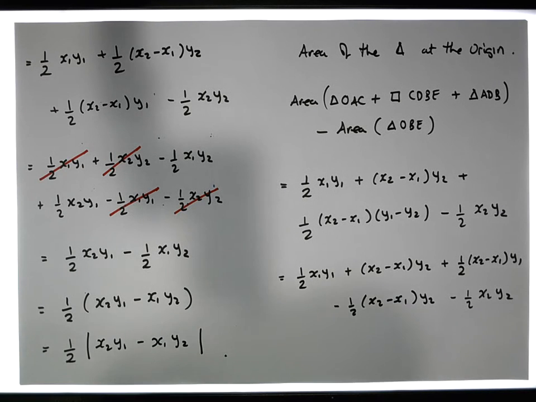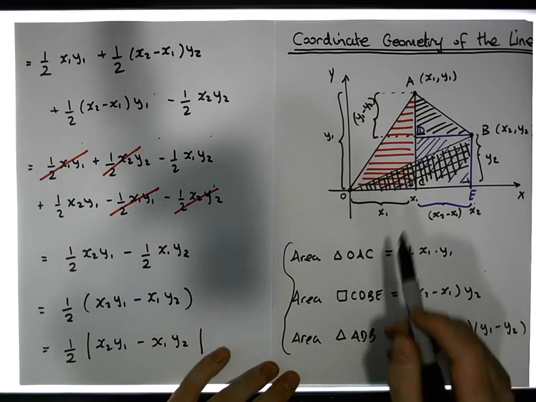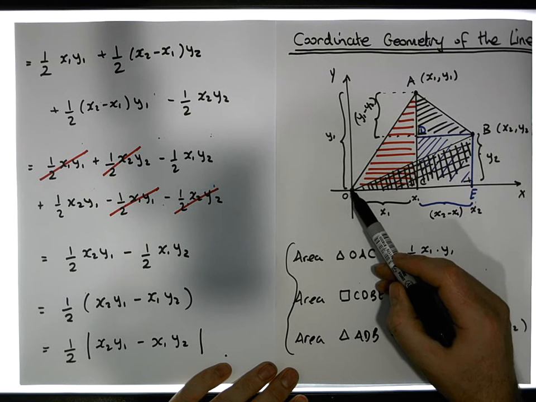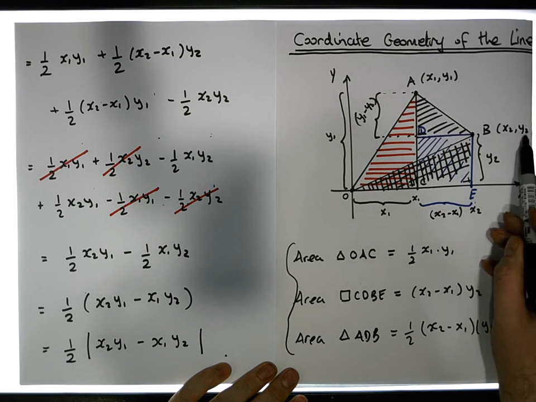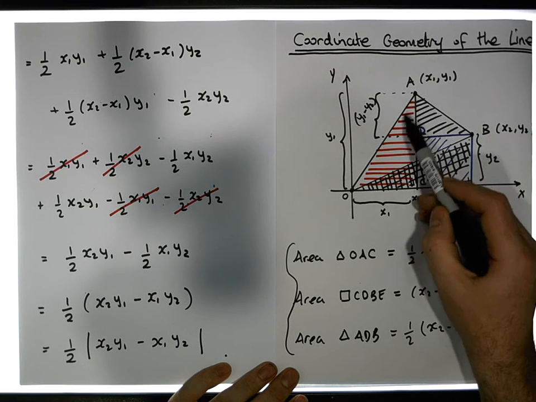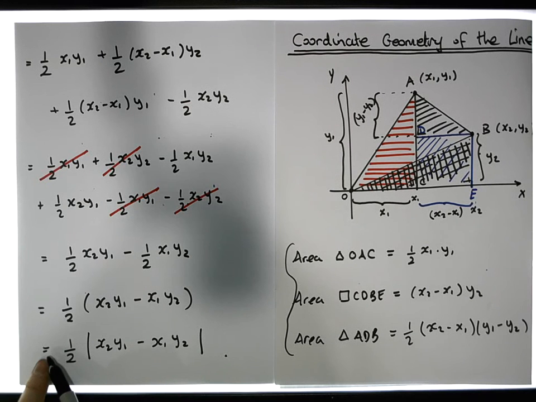So what we're really saying here is that given a triangle OAB, where one of the vertices is the origin and the other two vertices are x1 y1 and x2 y2, the area of this triangle, and it doesn't necessarily have to be a right angle triangle, it can be any triangle, is equal to a half of the absolute value of x2 times y1 minus x1 times y2.